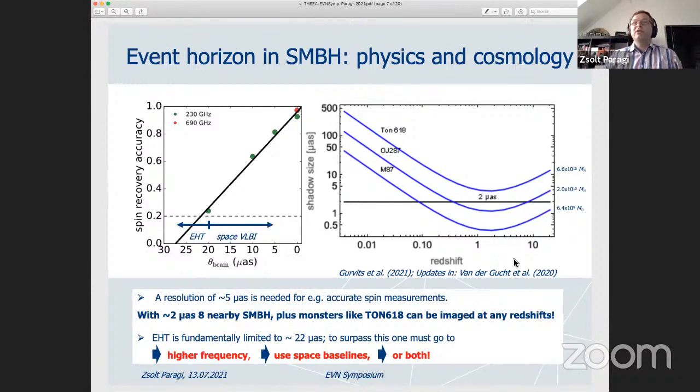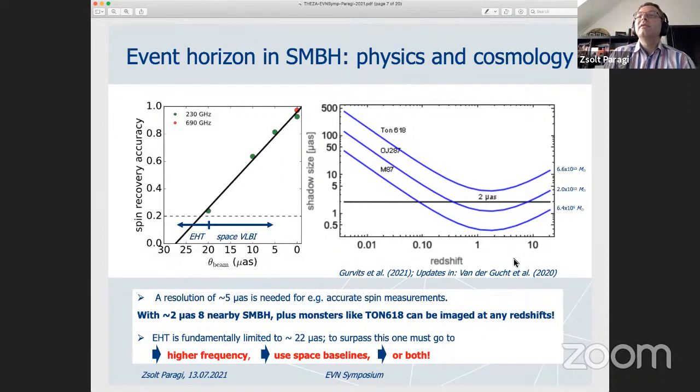So how can you do this? You cannot do this from the Earth, because the EHT is limited to 22 microarcseconds in resolution. So you either need higher frequency, or you have to use space links. Or actually, you can do both. And when you do that, just a demonstration for 3 supermassive black holes with different masses as a function of redshift, what would be the size of their horizons.